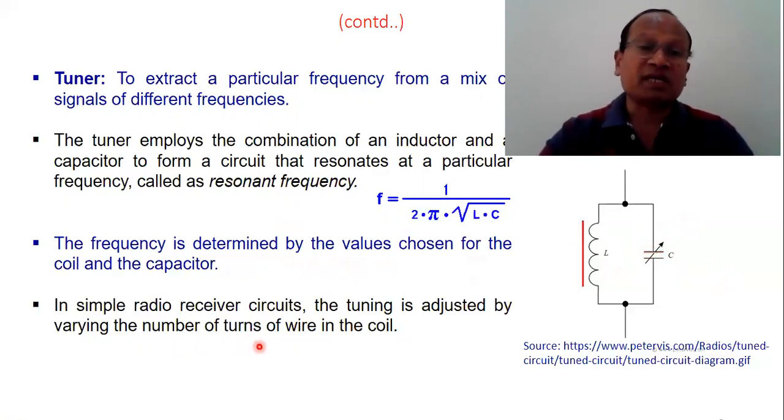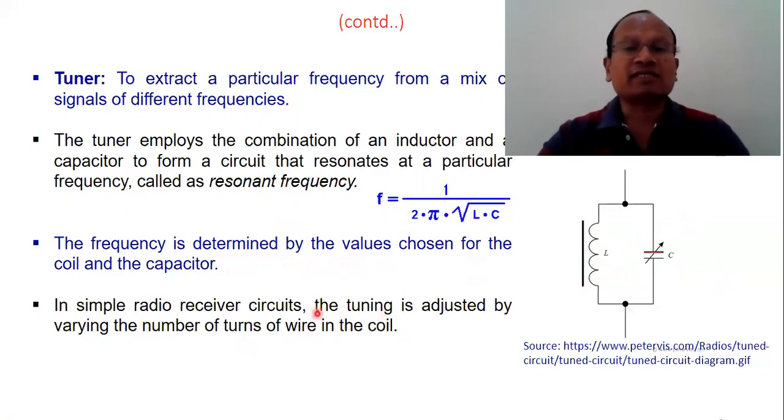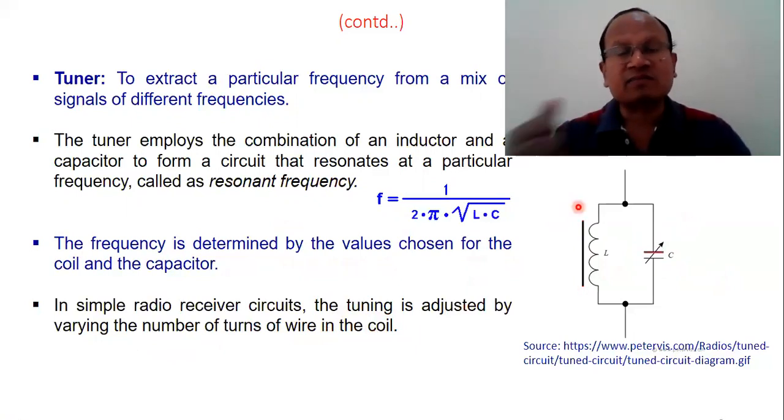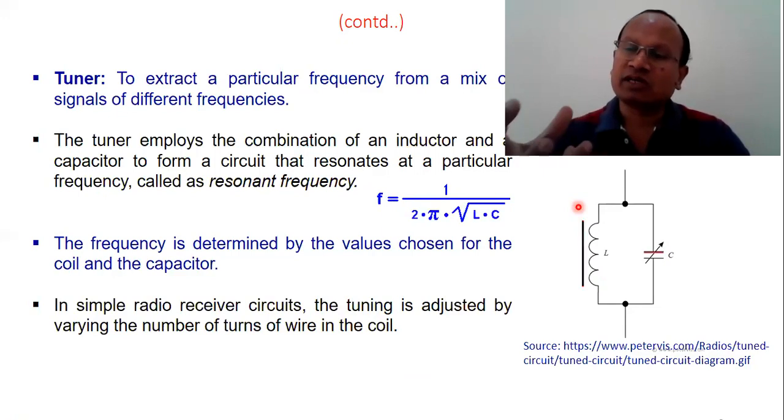In the simplest radio receiver, the tuning is adjusted by varying the number of turns of wire in the coil. Why? Because see, how do we design an inductor? We wrap up coils. The number of turns of the coil develops a magnetic, inductive effect, and the number of turns is very important in the inductor.